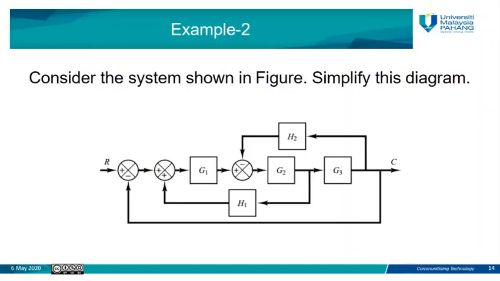Here we have another example also. In this example, we are also going to see how we can simplify this block diagram by using the reduction technique into a single block with a single transfer function.